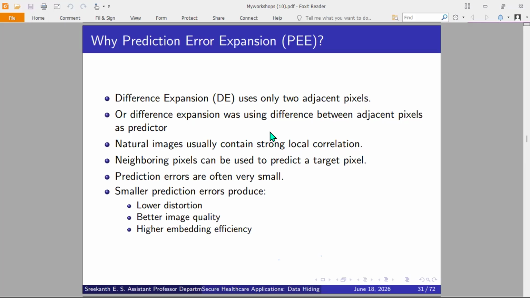We are predicting pixels based on different intensities within the image. A pixel can be predicted by taking all surrounding pixels. A pixel can be better predicted by taking the top and left pixel. Right. So these are methods of prediction we can use here, and the remaining concept is just the same as what we discussed in difference expansion, that is, embedding by expanding the prediction error.